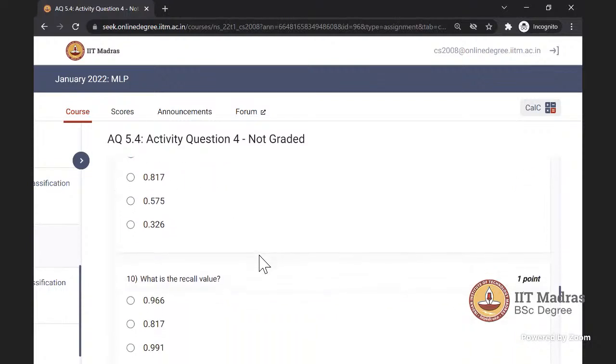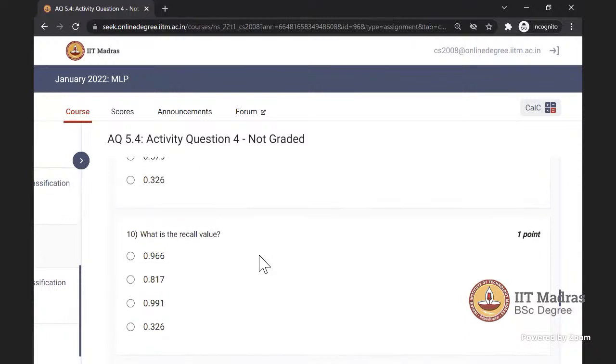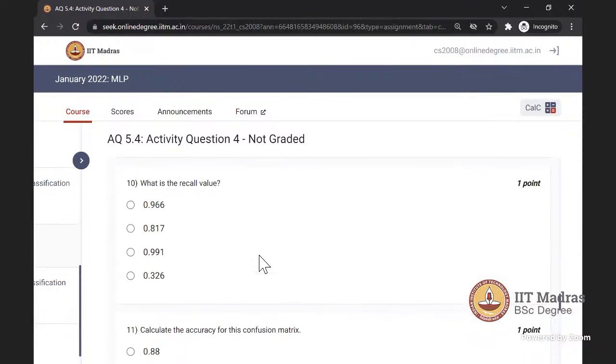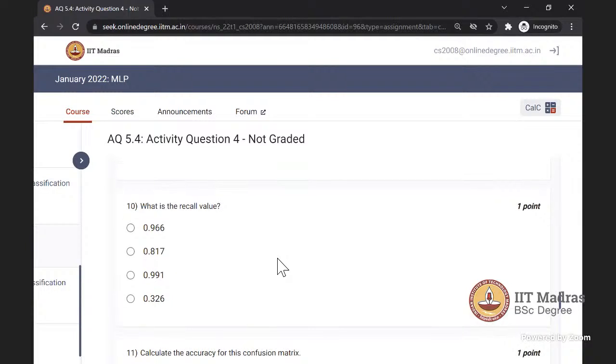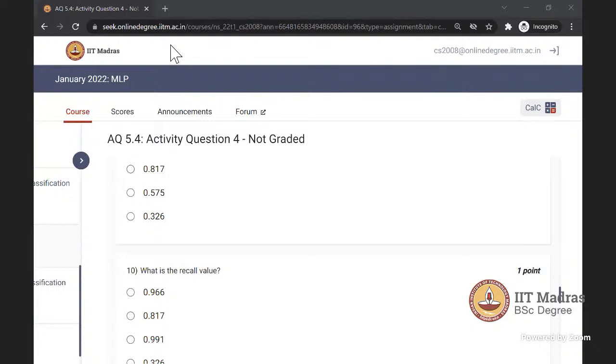Let's see, what is the recall value? I think the F1 score and accuracy are also coming up. Take some time and compute recall.